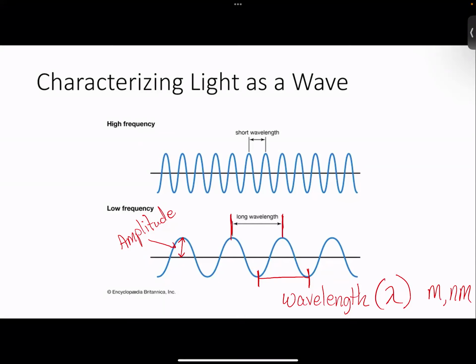The third thing that is used to describe a wave is known as the frequency. The frequency describes how many waves pass a given point in a second. The frequency, represented with the Greek letter nu, has the unit of per second, or waves per second, essentially.